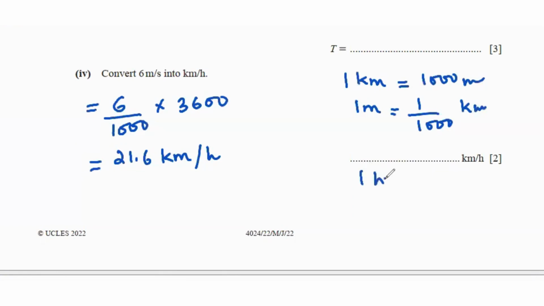Similarly, 1 hour is 3,600 seconds, so 1 second will be 1 over 3,600 hours. That's why we first divide the 6 by 1,000, and then we times it by 3,600, which gives us the speed in kilometers per hour.